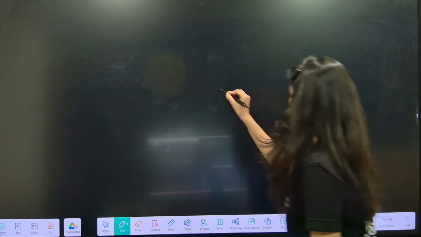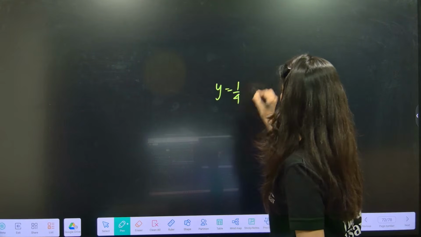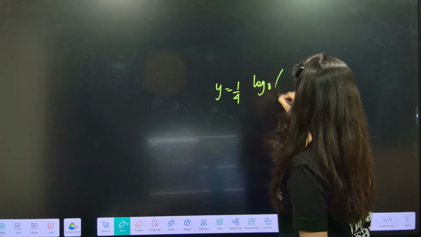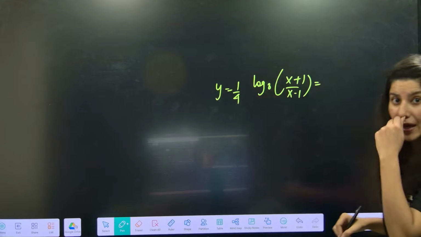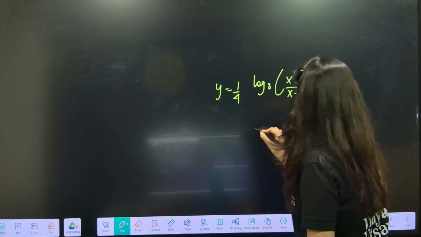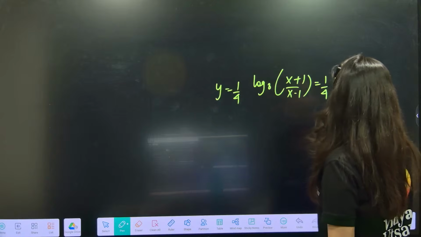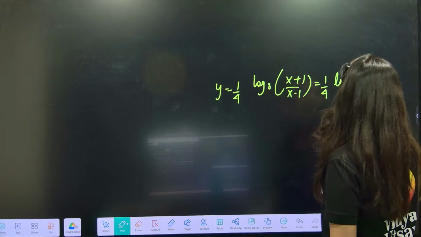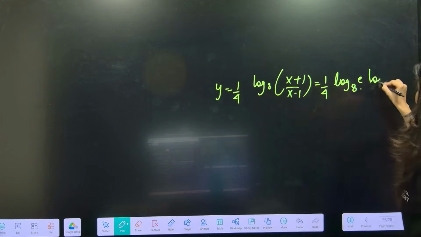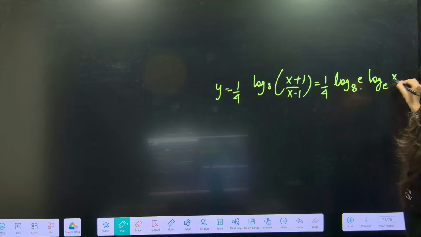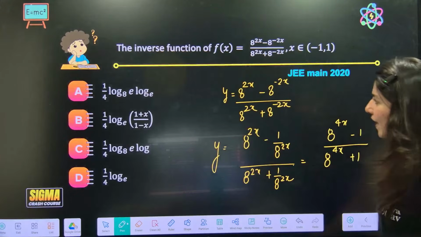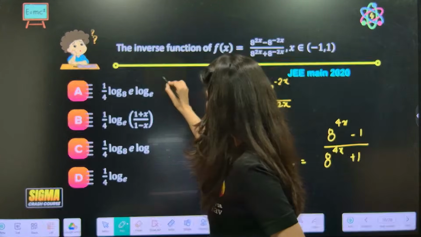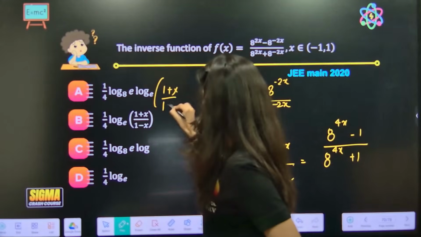Okay, so understand, y is equal to 1 by 4 log base 8 of (x plus 1) upon (x minus 1). It can also be written as 1 by 4 log of e to the base 8, times log of (x plus 1) upon (x minus 1). This is the same thing. Okay, so if I go back, this is 1 plus x, 1 minus x.